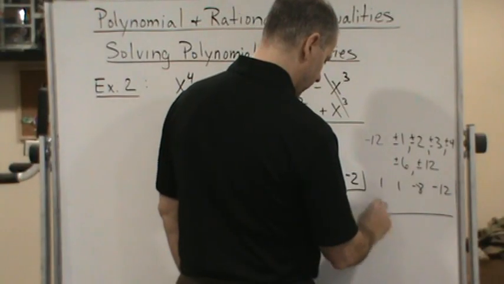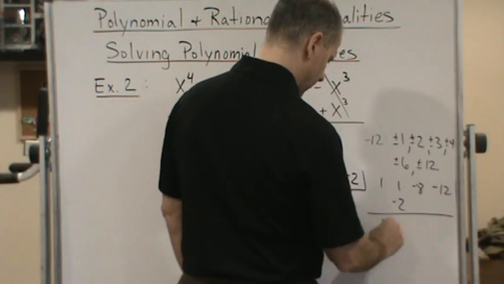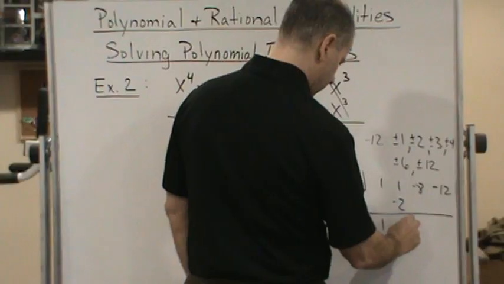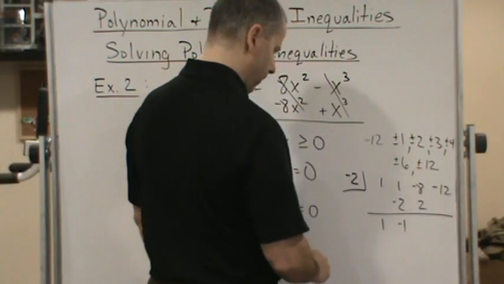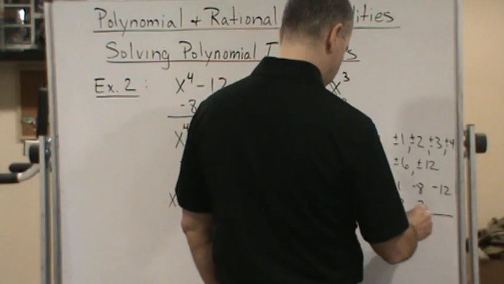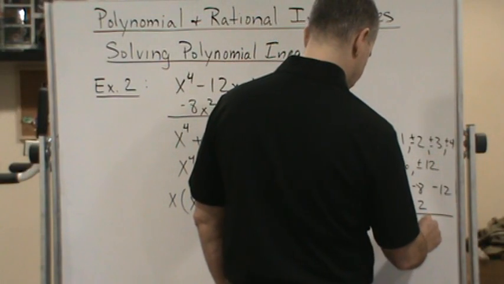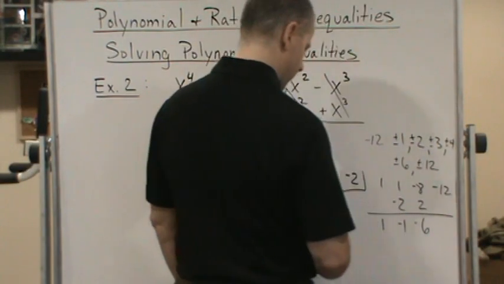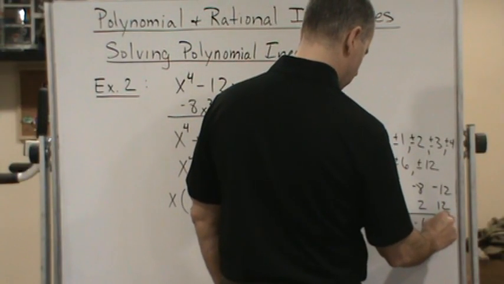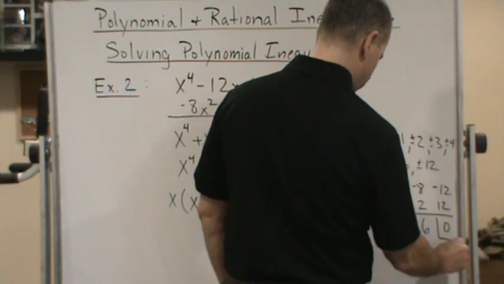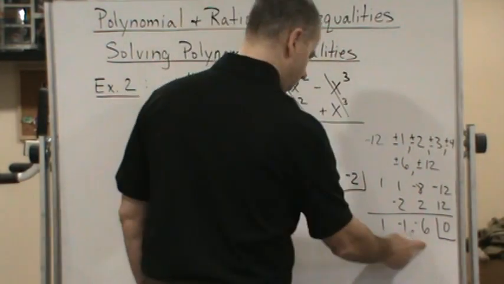That's 1, so negative 2 times 1 gives us negative 2. So that's going to give us negative 1. That's going to give us positive 2. And so that's going to give us negative 6, which then is going to give us positive 12, which is going to give us 0, which is what we knew, but we want the quotient.